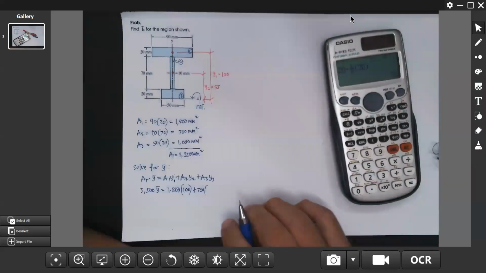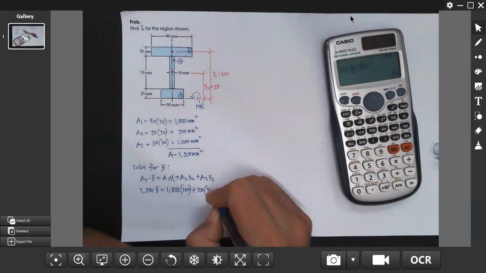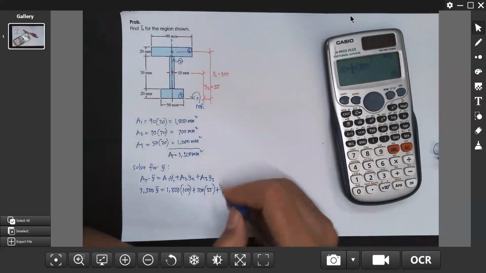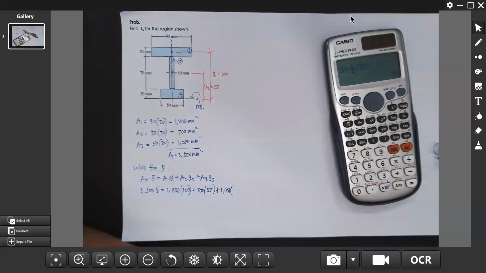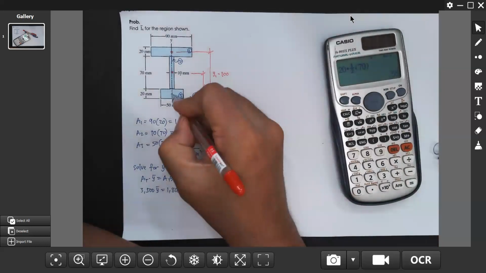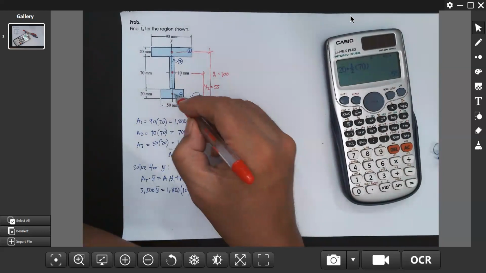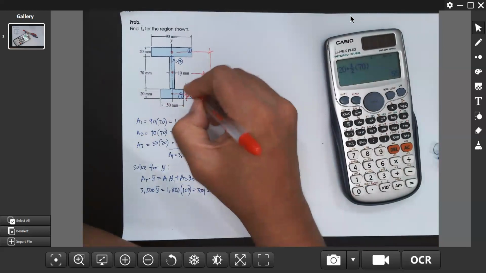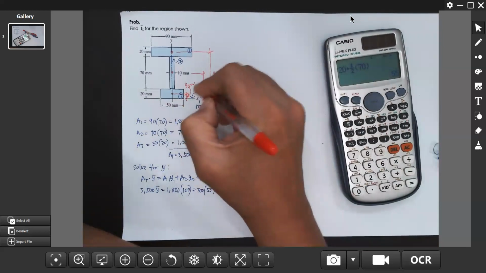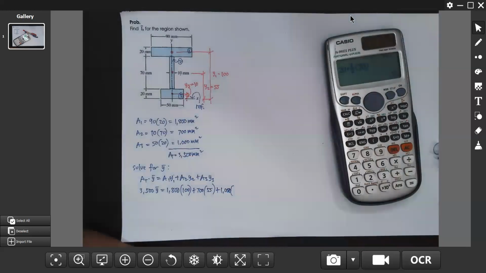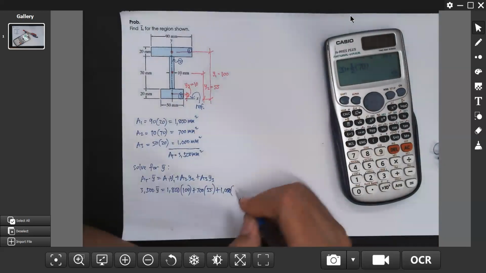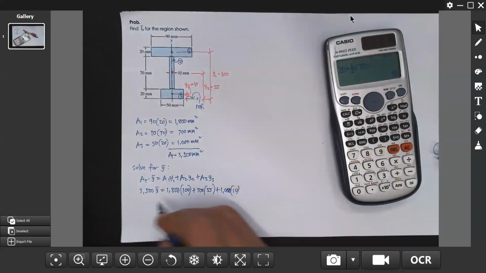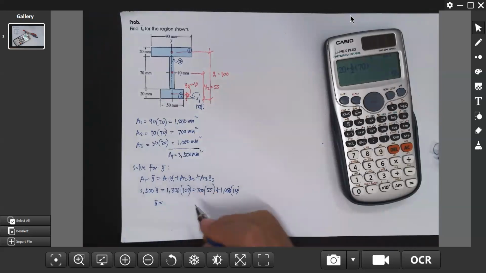So our y2 is 55. And then area 3, 1,000. For element 3, the center is located here, 1/2 of 20. So this is our y3, and that's equal to 10. And we can now solve for y bar.